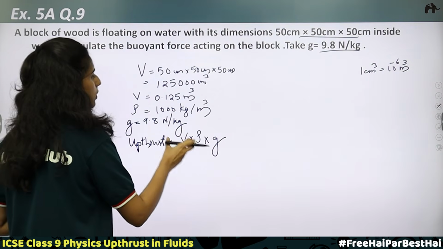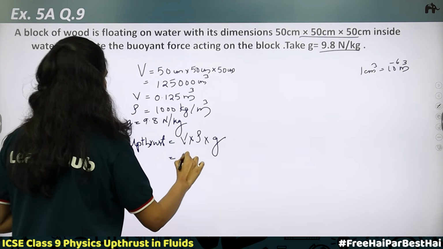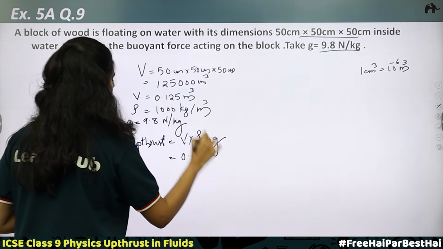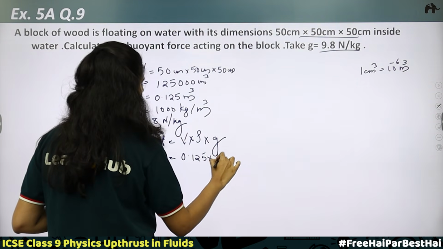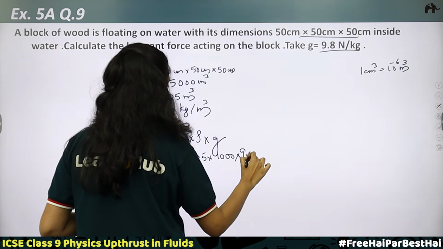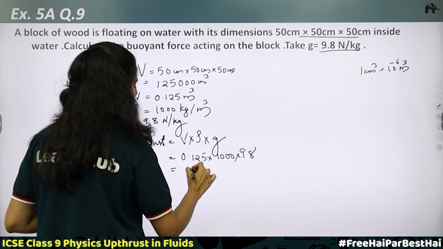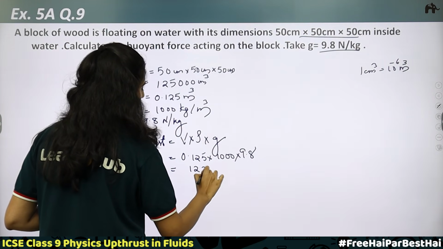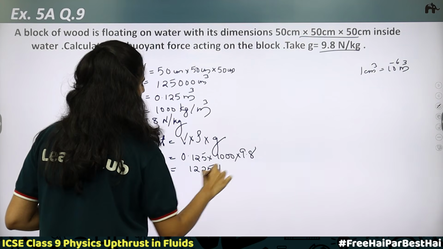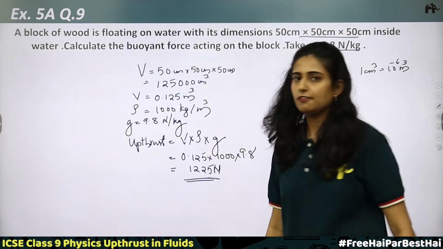The volume of liquid displaced will be the same as the volume of the block, that is 0.125 into 1000 into 9.8. When you calculate this, you will get 1225, unit is Newton. So upthrust is equal to 1225 newtons.